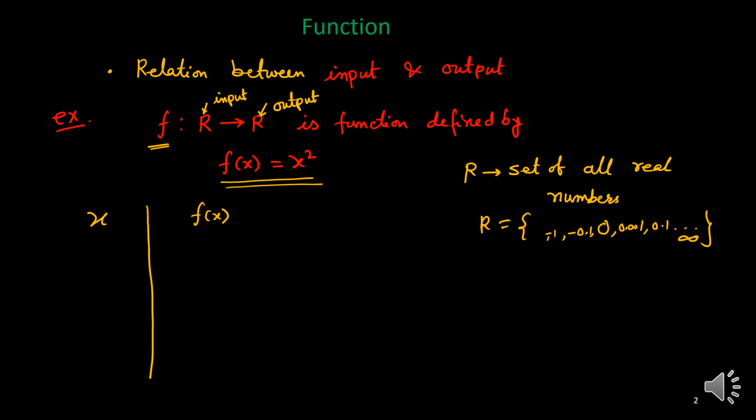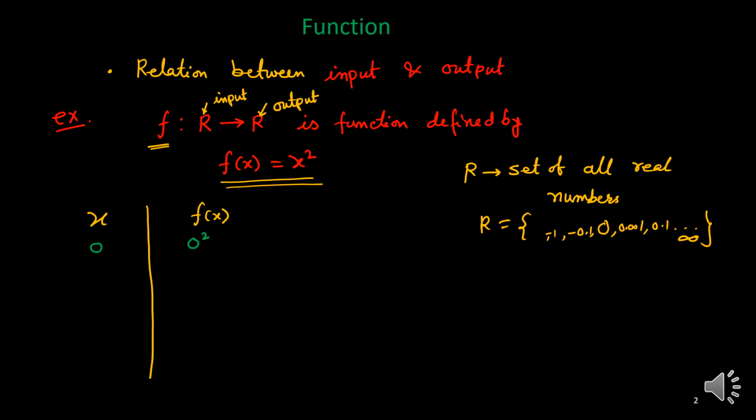Now consider x equals 0. If I use f of x equals x square, I can put x equals 0 here. So it will be 0 square. It says that f of x equals x square means whatever value x is, you square it.